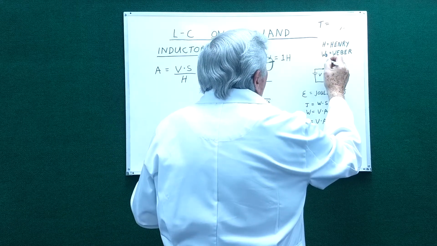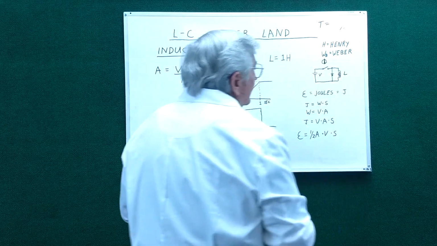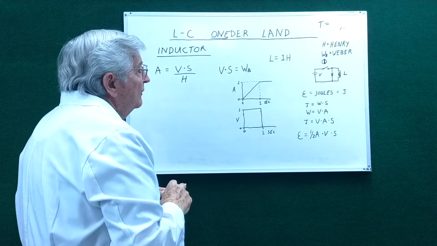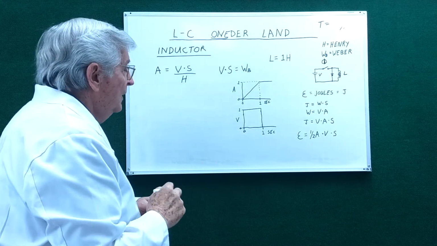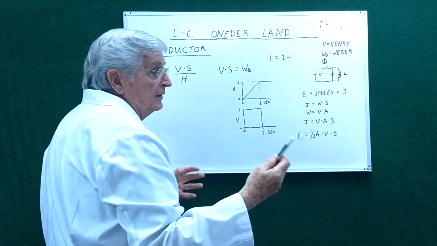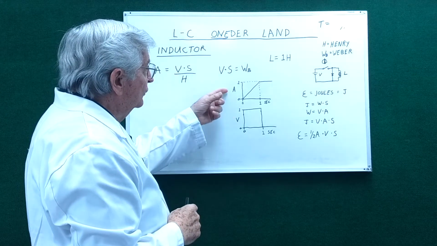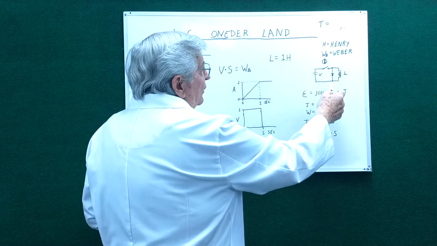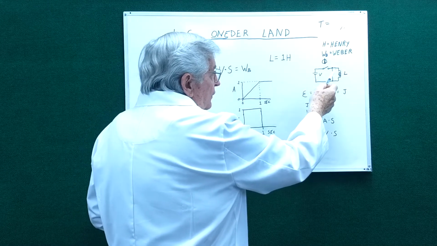And from a mathematics standpoint, that's usually given the Greek symbol phi. So phi shows up in a lot of equations. So now we're going to do with an inductor just like we did with the capacitor, except voltage and current are interchanged here. And with our little circuit, we're going to apply a voltage to the inductor.